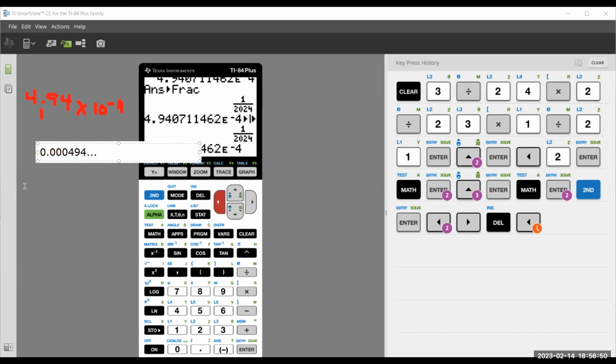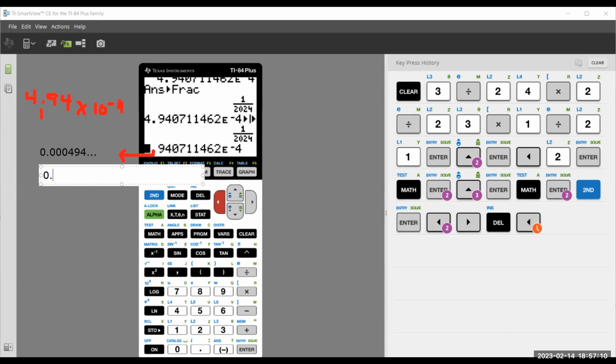Now, if you want to round this to 4 places after the decimal, then this 4 here has a 9 behind it, so when you round it, this is going to be 0.0005. That's where it was coming from. Now it makes complete sense. So that was the correct answer. It just didn't look correct, but it really was.